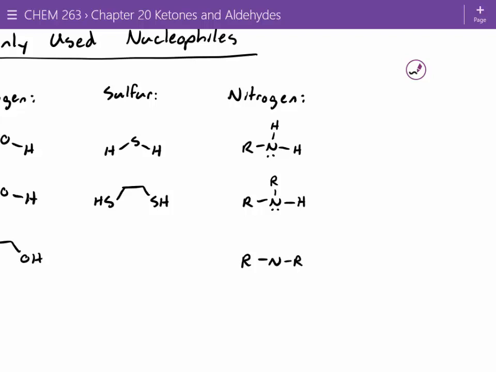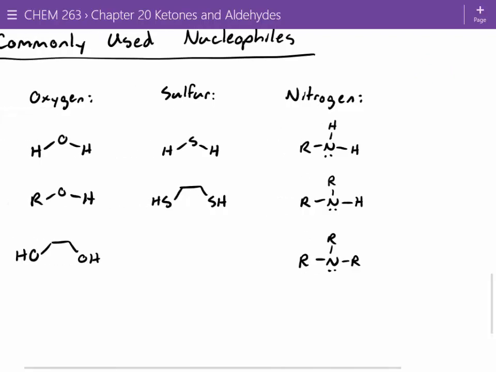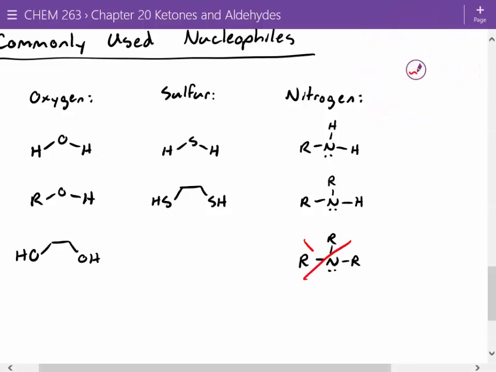You guys think a tertiary amine will work? Sure. What do you notice about all of our nucleophiles so far? They all have hydrogens on them, right? So in this case, a tertiary amine isn't that stable because if it were to add in, it would be a good leaving group. So it's important to remember that you can only use primary or secondary amines.